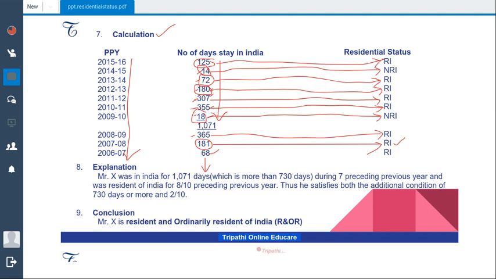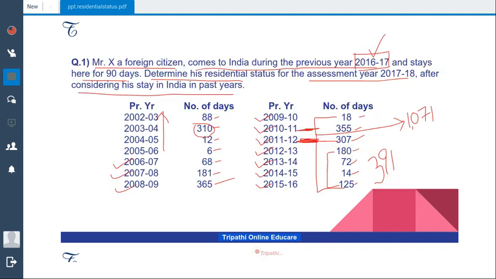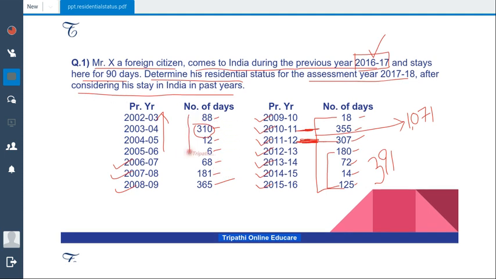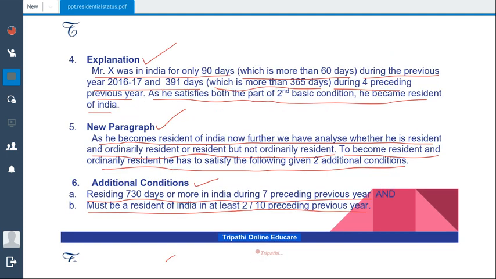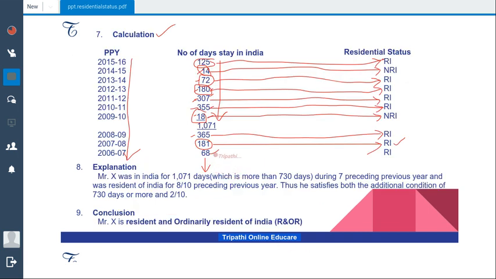And if you see the information given in this question, the total of the 4 preceding previous years is more than 365 days. Thus, in 2006-7, he will become resident of India.